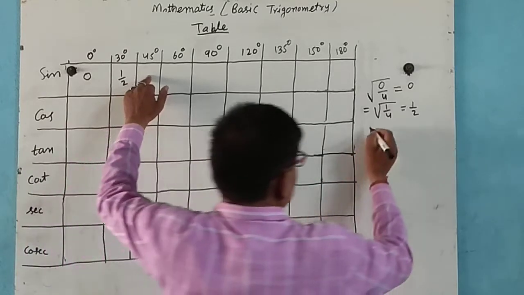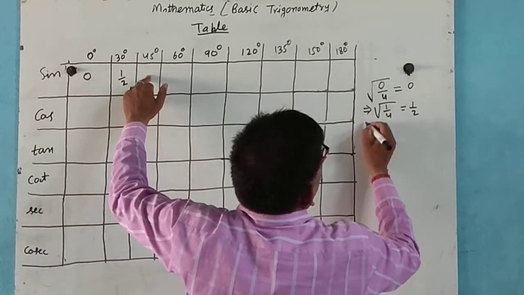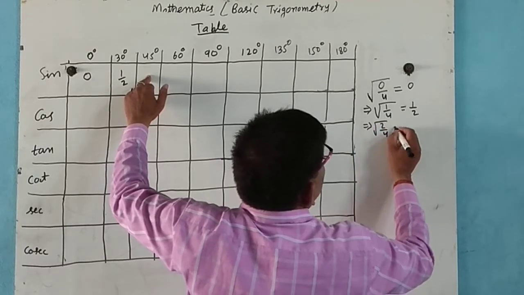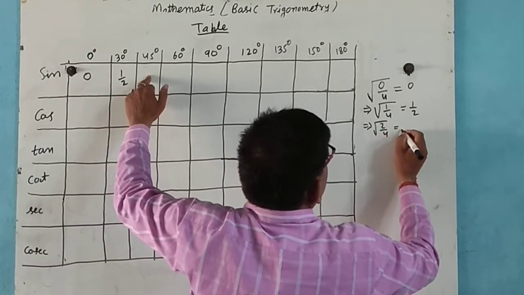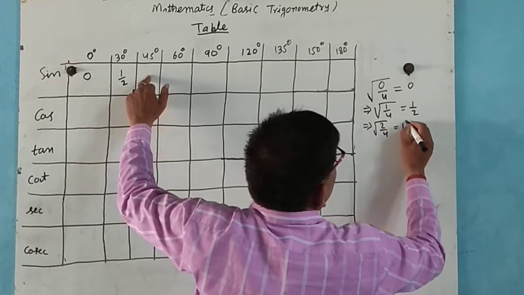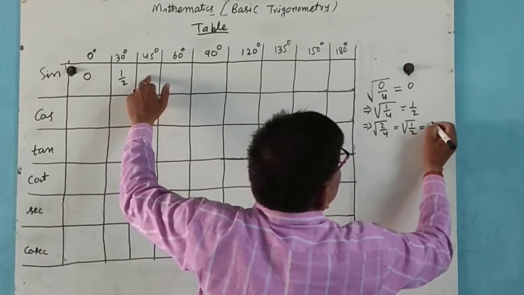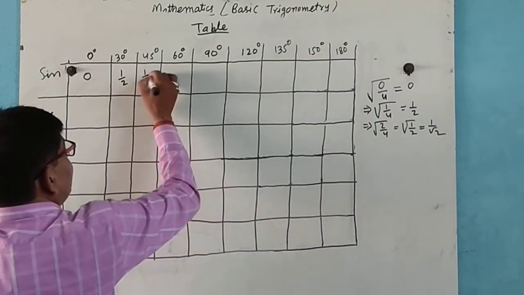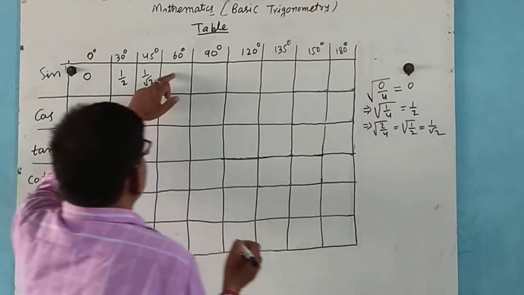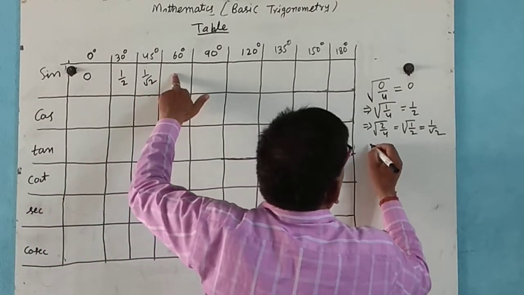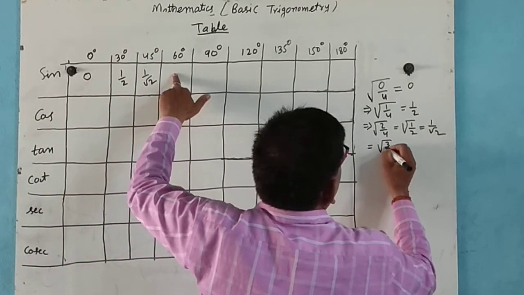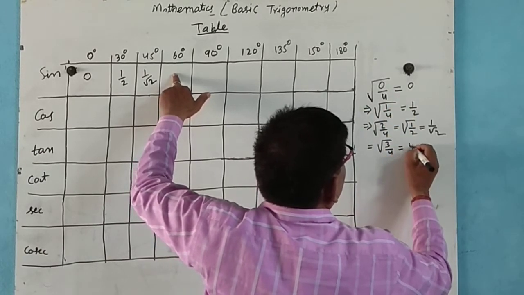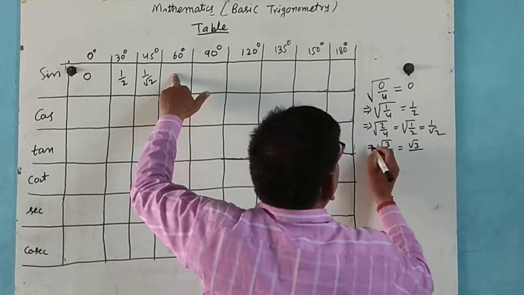Sin 45 degree: 2 by 4, under root, is 1 by 2, it means 1 by root 2. Here 1 by root 2. The fourth: under root 3, 0, 1, 2, 3 by 4, it means root 3 by 4.